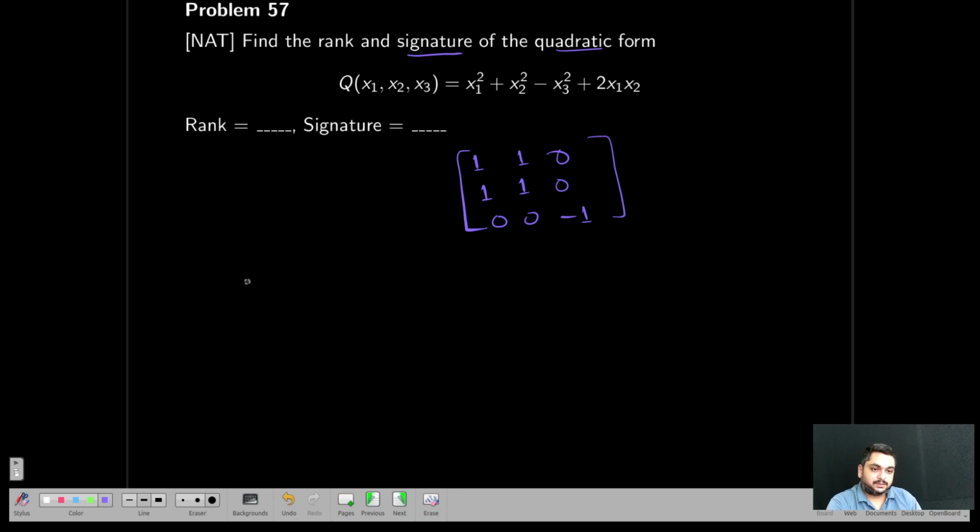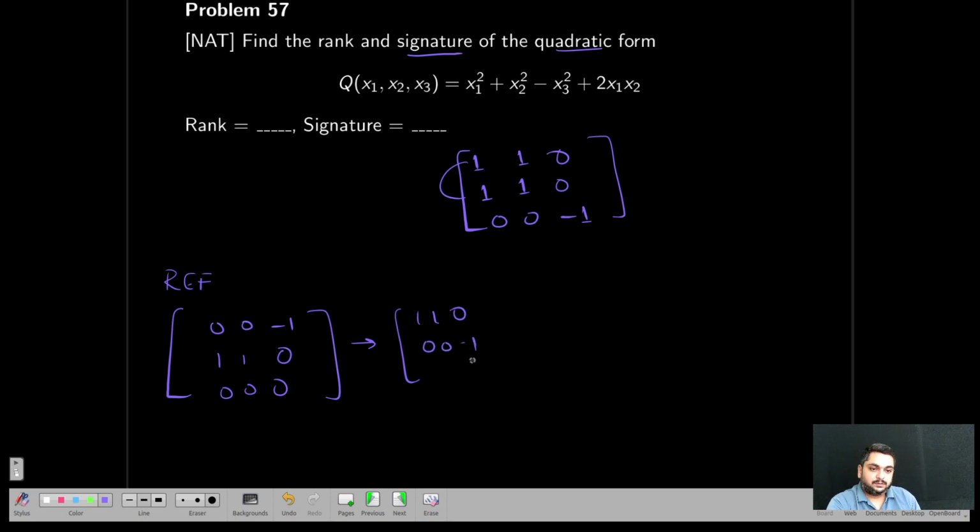What is the rank of this? Convert it into row echelon form. These two rows are the same, so I can make it 0. I can write directly the pivot elements like this. Okay, can it be further reduced? No. So there are two independent rows. The rank of this matrix is 2.